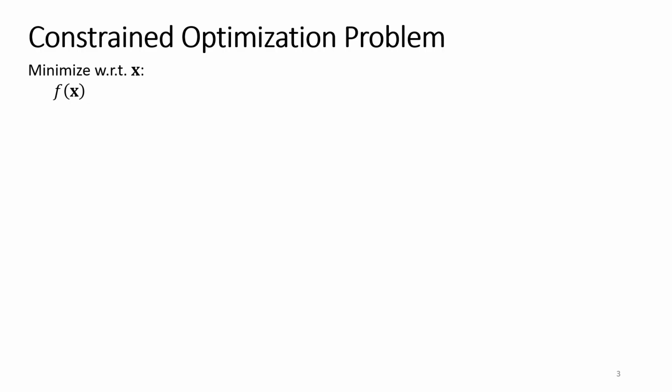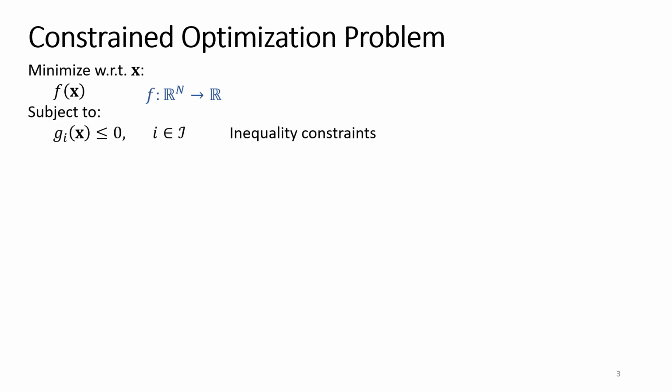So now let's define a constrained optimization problem: minimize with respect to vector x, f of x, where f is a mapping from n dimensions to the real line, subject to two sets of constraints.